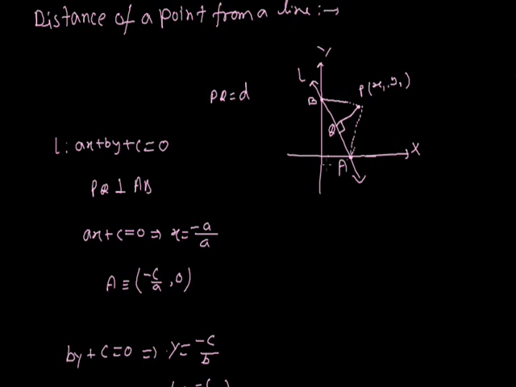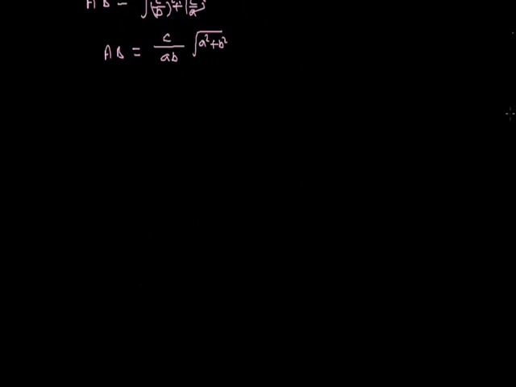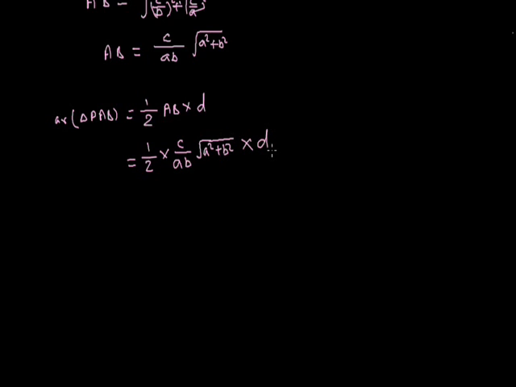Now the area of triangle PAB is equal to half of AB into d, because d is the altitude for this triangle. So half of, we know that AB is equal to c upon ab under root a square plus b square, into d.